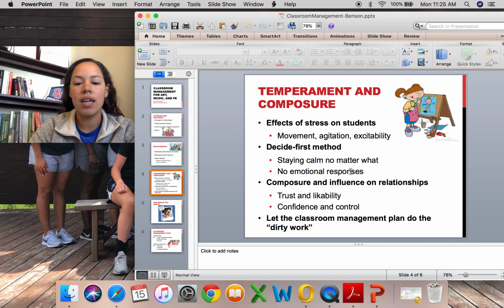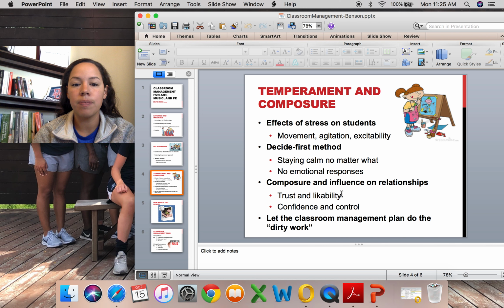The big thing here is that if you can keep your composure, this will also affect your relationship with students. They will see that they can trust you and they will like you more, because any students that see a teacher pop their top off and totally lose it, a lot of the times they start looking at this teacher in a poor light.